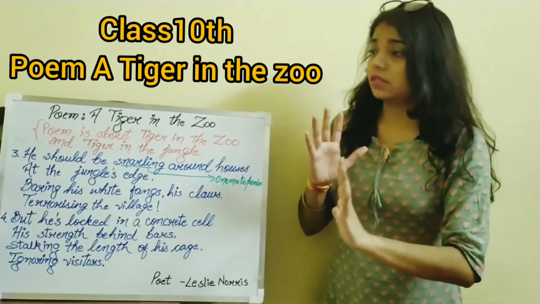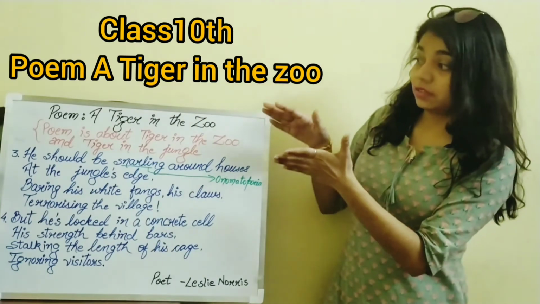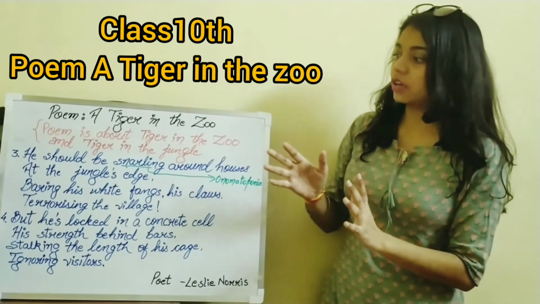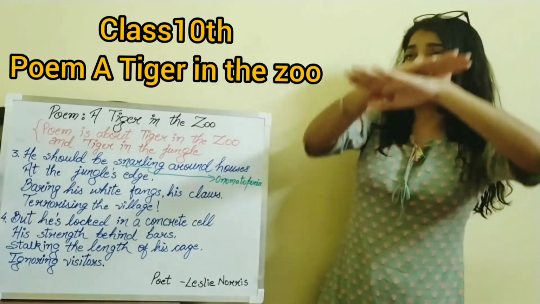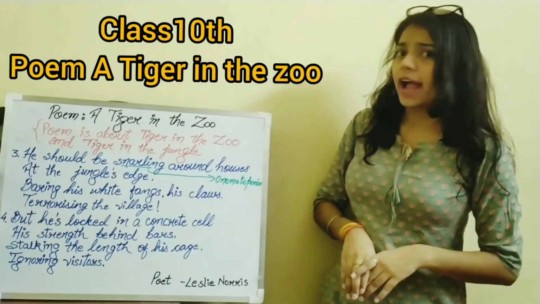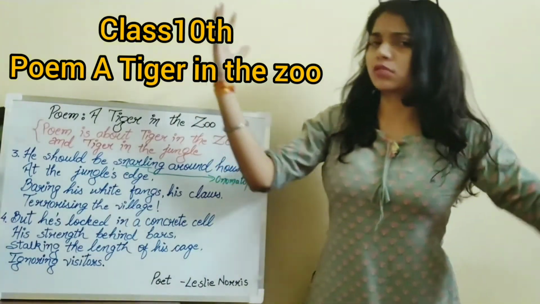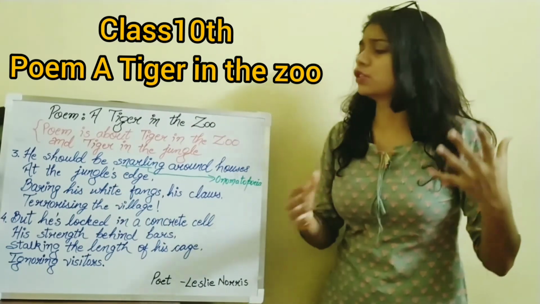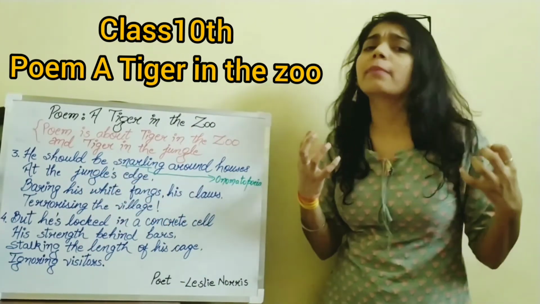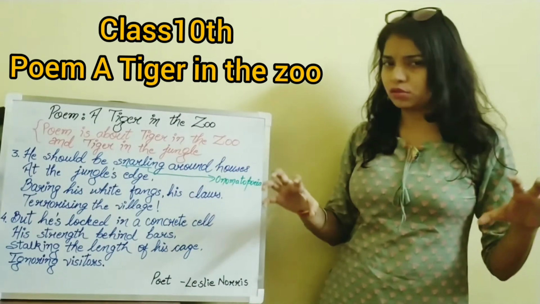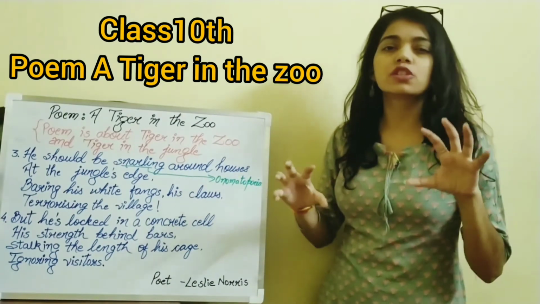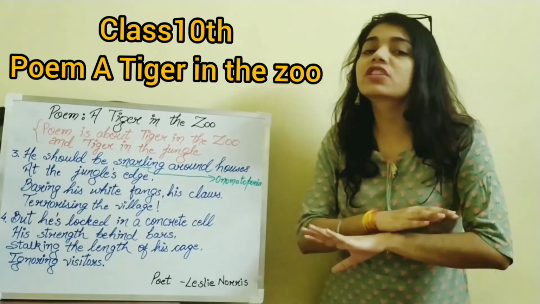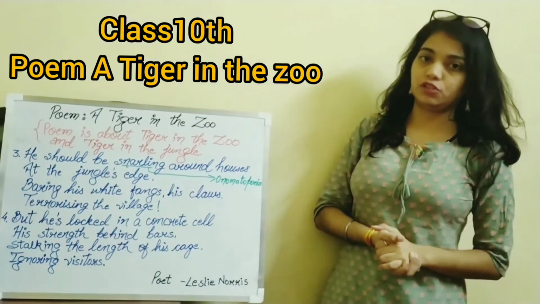So the third stanza is about the tiger in the jungle. Now the tiger in the jungle will go to the edge. Edge is the boundary of the jungle, and he will snarl and show his white sharp teeth and his claws, his claws with sharp nails, and terrorize, he will scare the houses in the villages.